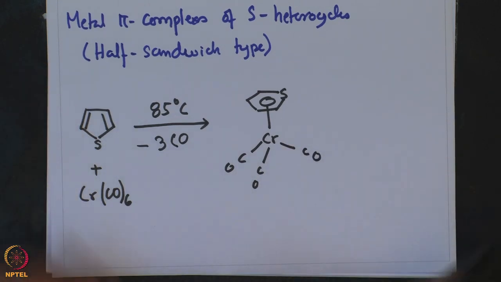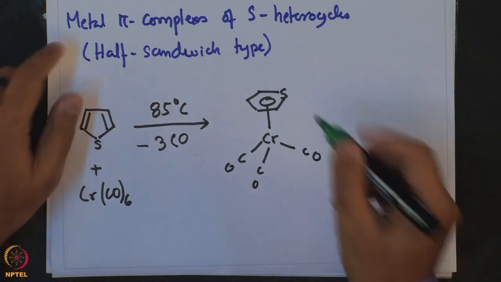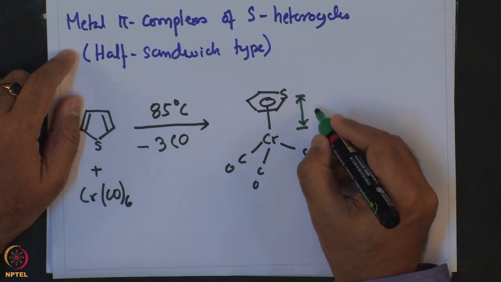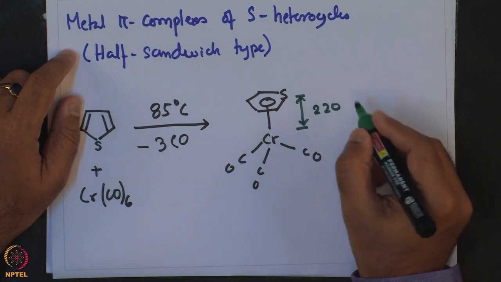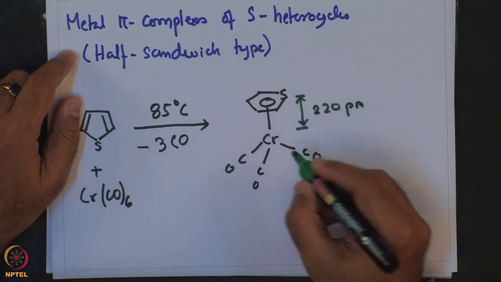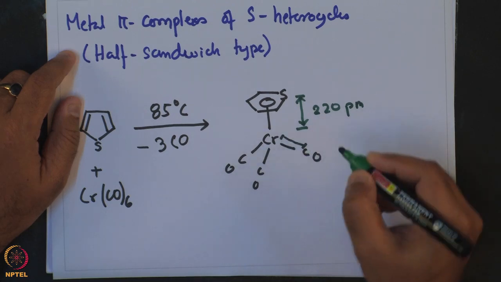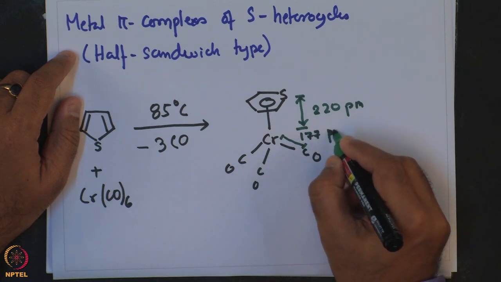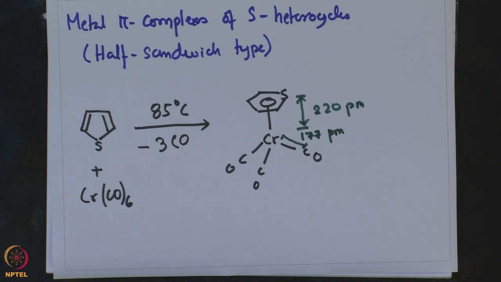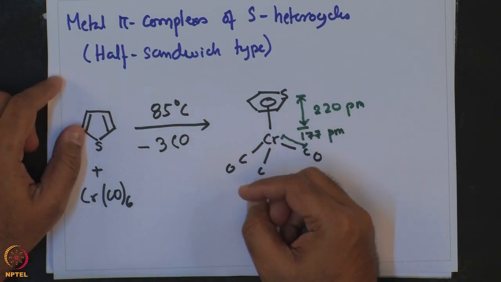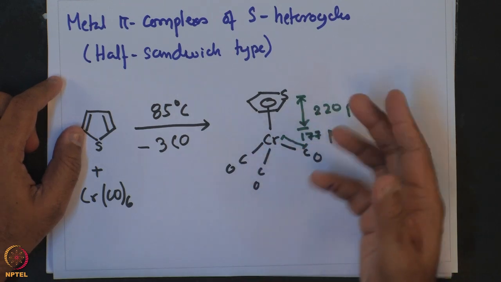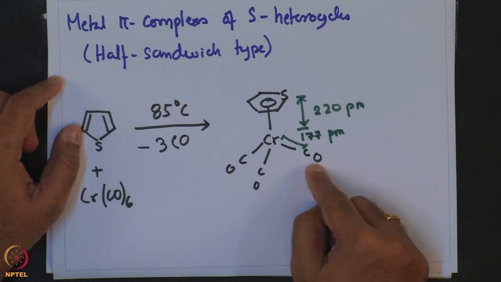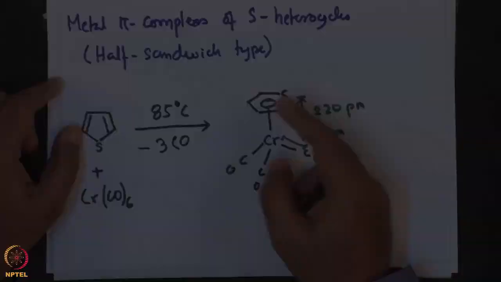Now, this distance of chromium to thiophene is about 220 picometer, whereas the distance of chromium to carbonyl is much shorter at 177 picometer, and that indicates that there is a considerable amount of back bonding from chromium onto the acidic carbonyl ligands, and thiophene being less basic, it is not acidic.